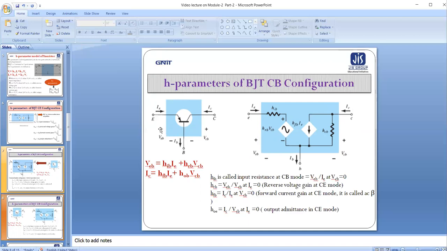And the input voltage will be equal to VEB. Because the base is common, the input voltage will be VEB and the output voltage will be VCB.